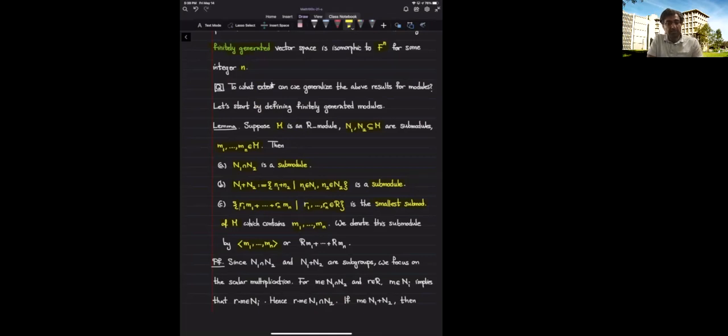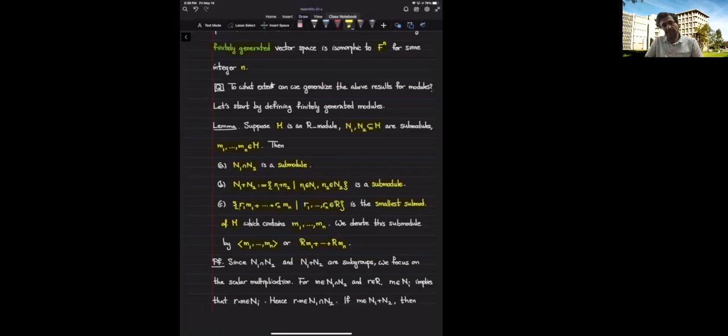We call it the module generated by m sub i's, or we write R m sub 1 plus R m sub 2 and so on. And of course, this notation suggests that I am multiplying m sub 1 by some scalar and then adding it to scalar multiples of other m sub j's. So that is my claim. These are the things that I want to show.